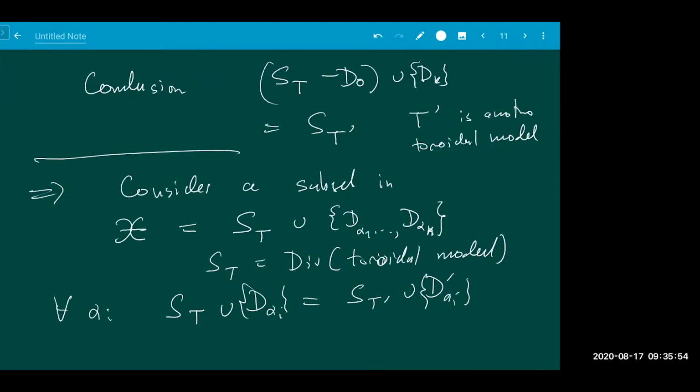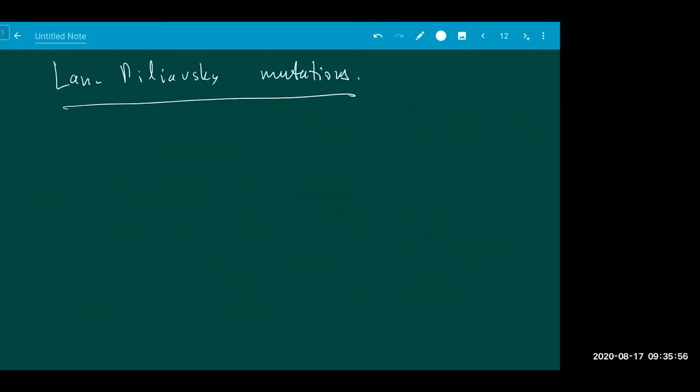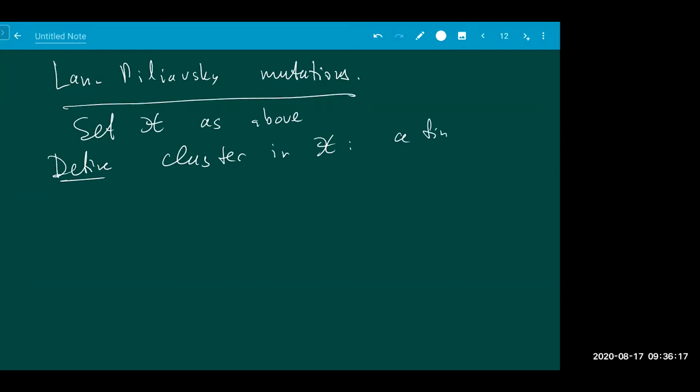Namely, what you do, you consider the set X, the big set as above, and define a cluster in the set as a finite subset whose complement is isomorphic to divisors of a toroidal model.